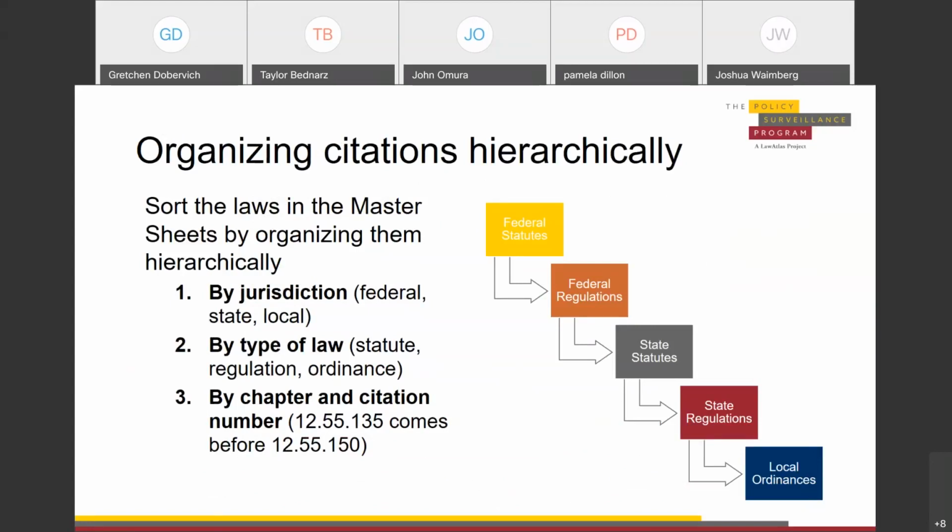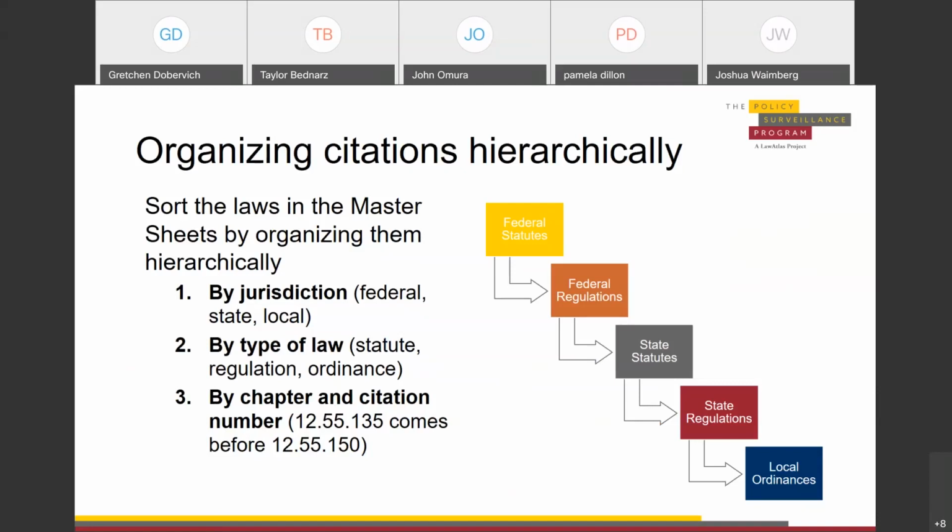So a citation to 1255-135 will come before a citation to 1255-150. Organizing our citations in this fashion lets us collect the law in an organized manner, and it makes the master sheet very useful for the rest of the project.